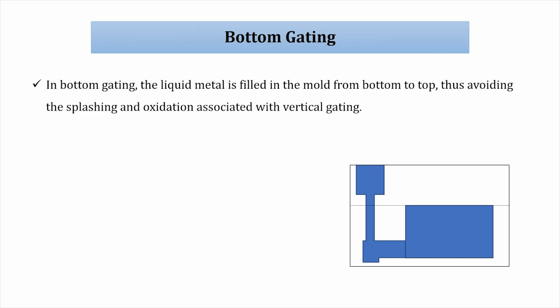In this bottom gating system, we assume that we pour the molten metal here and fill the mold from the bottom, layer by layer, from bottom to top.